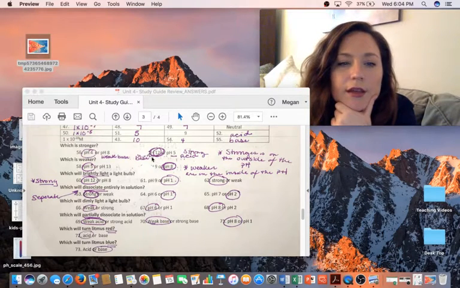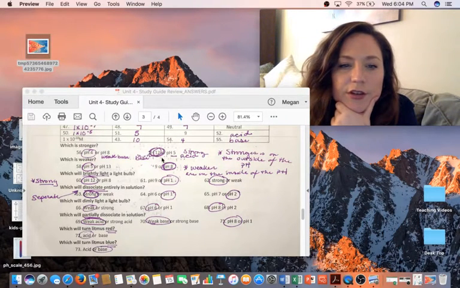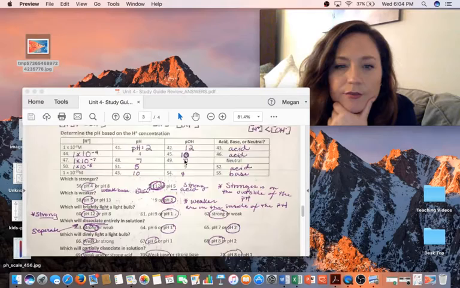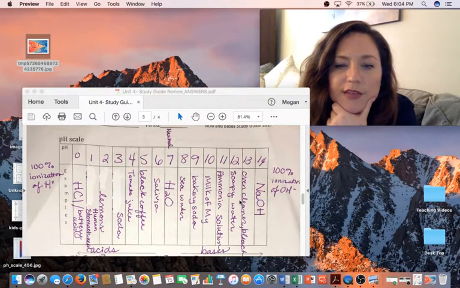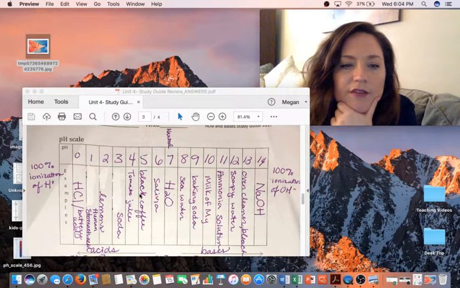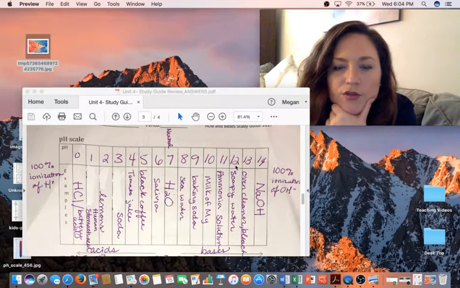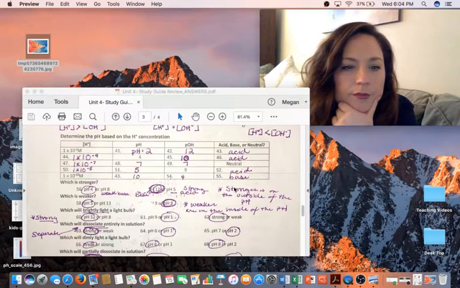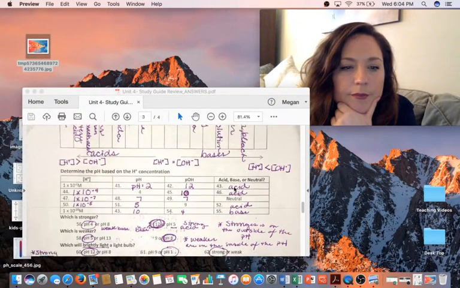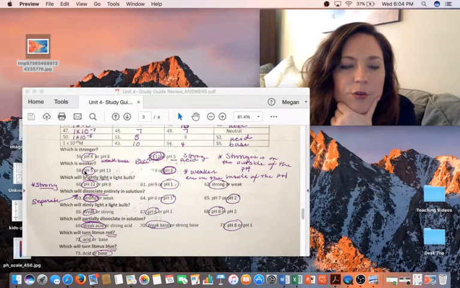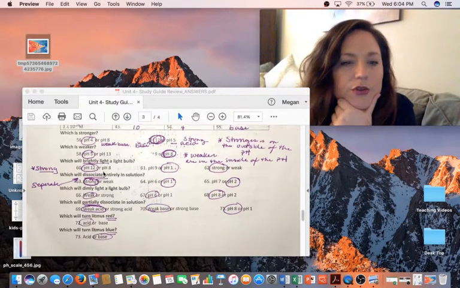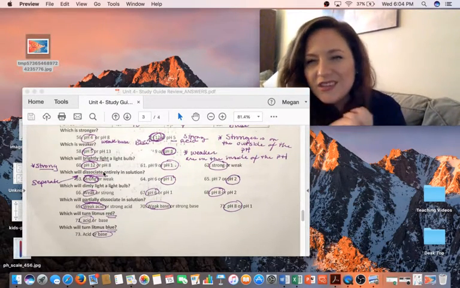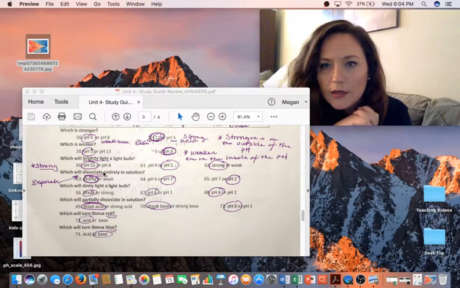Again, number 57 is 12 versus 5. 12 is out on the outside here. 5 is closer to the middle. So 12 is the winner. For weak, just do the opposite of what I just told you. Then the brightness of a light bulb. This should be an easy one for you guys.